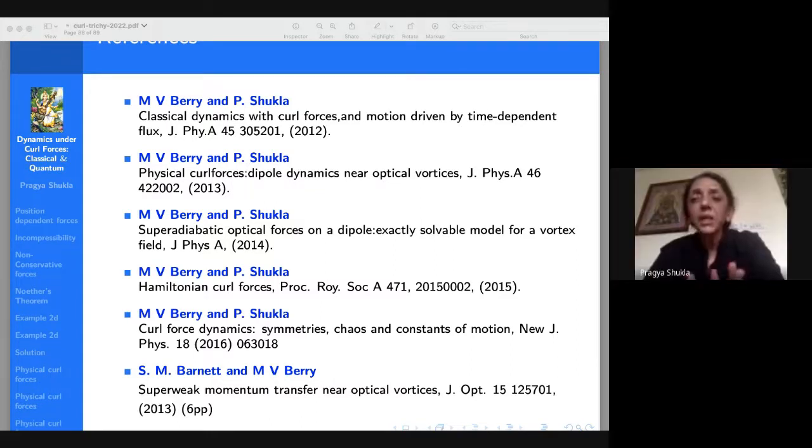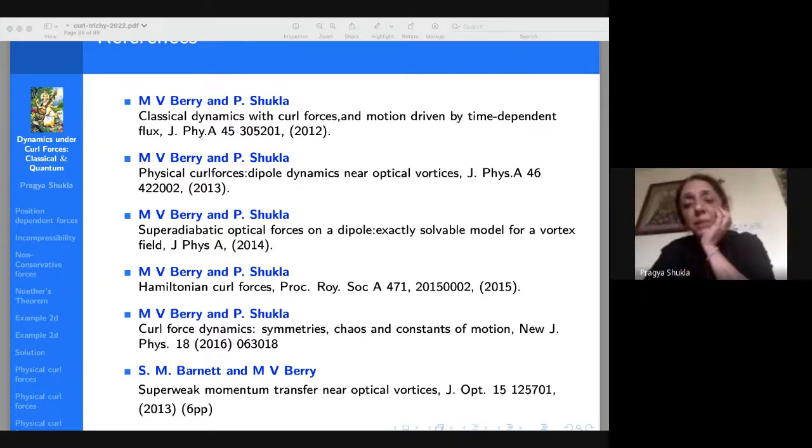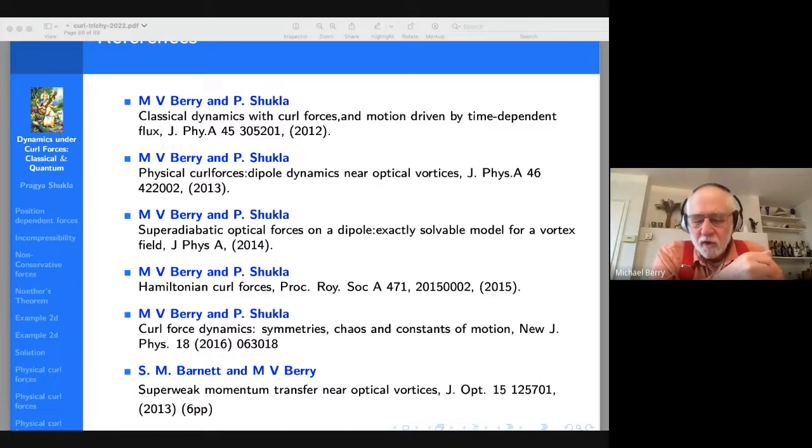Michael, I think he was asking if you assume that the forces are also velocity dependent. No, that's a different thing. No, position as well as velocity dependent. So the question was whether you can have some non-standard... Yes, well, it depends what you mean. Of course, ordinary Lorentz forces are velocity dependent, and then we know that the curl of the acceleration is not zero, but that's a different situation from what we're discussing.